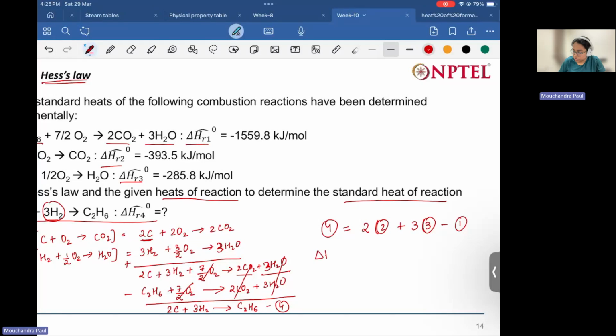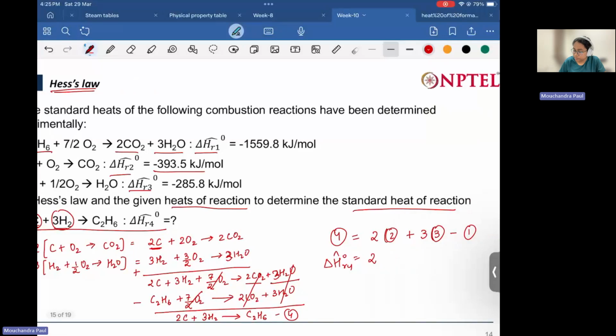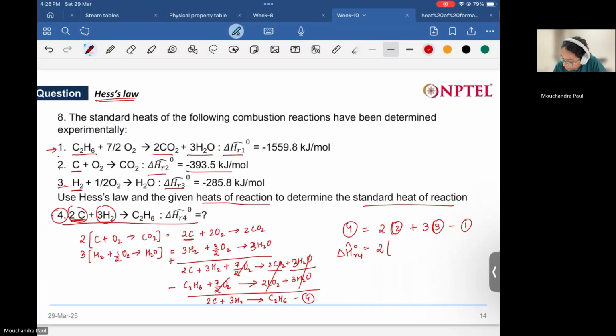So the heat of the reaction for reaction 4 will be 2 into heat of reaction 2, which is minus 393.5, plus 3 into heat of the reaction of reaction 3, minus 285.8, and minus 1559.8.